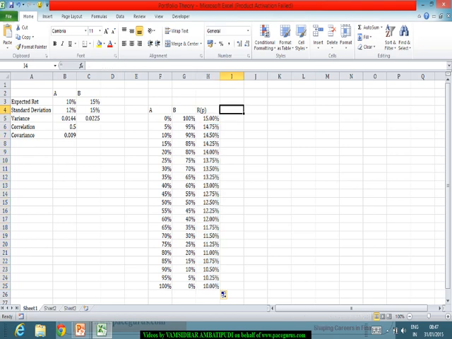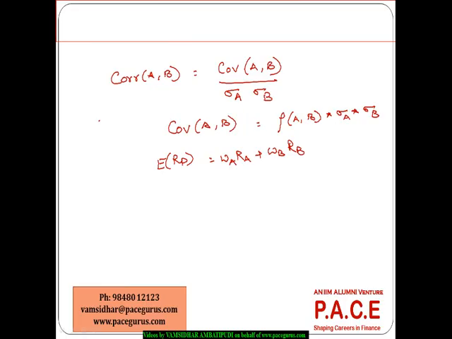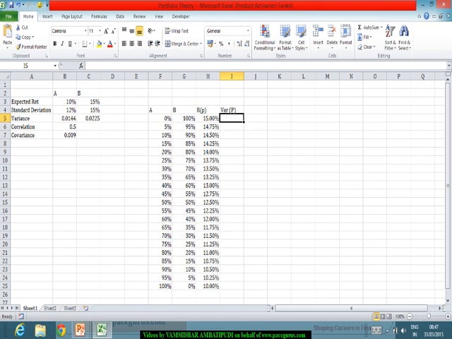On the other side, I will also take the variance of the portfolio. We have seen that the variance of the portfolio is WA squared, the variance of A, plus WB squared, the variance of B, plus 2 WA WB, the covariance between A and B. Same logic I am going to apply here.